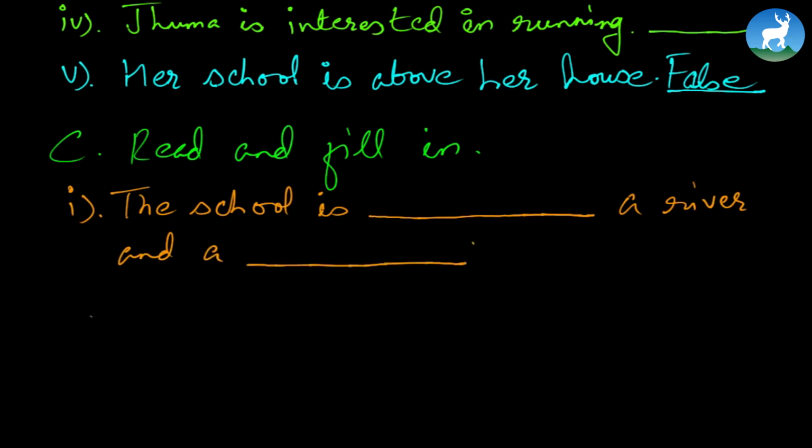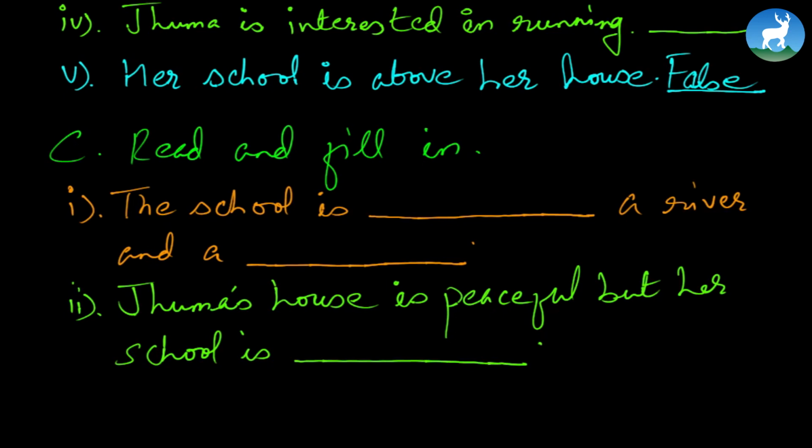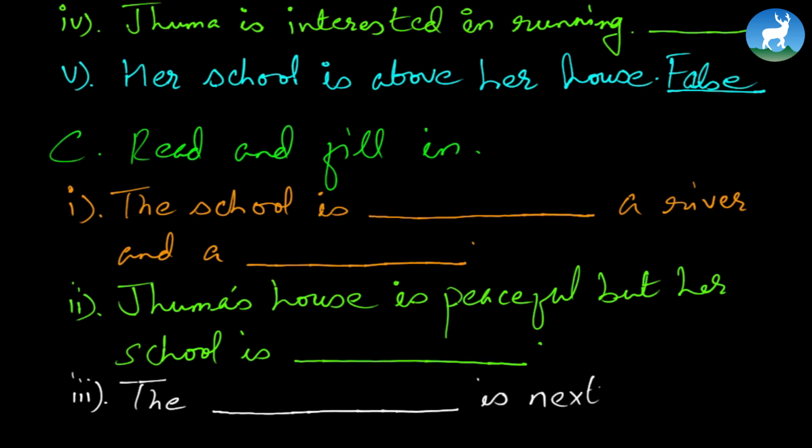Number 2, Juma's house is peaceful, but her school is, again, a blank. Number 3, there's a blank here, is next to Juma's house.